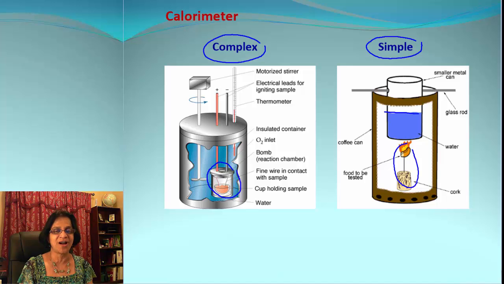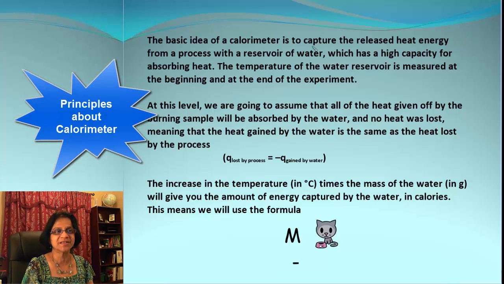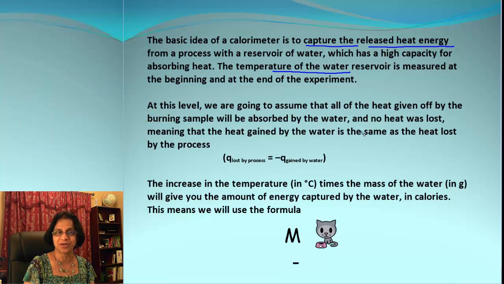Let's actually work on some calculations. Once again, the basic idea of a calorimeter is capturing the released amount of heat, which is then used for increasing the temperature of water. Now we make one assumption in this process: the heat given out by the burning sample will be only absorbed by water.